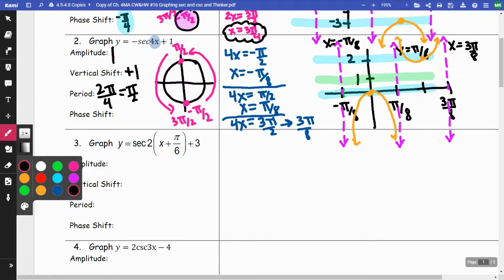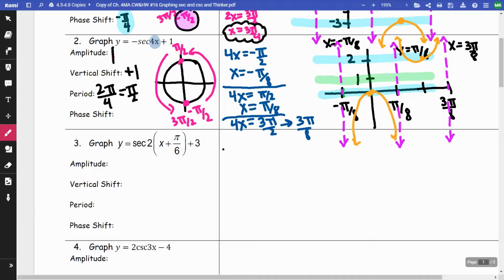So when I'm dealing with this, I'm going to take 2 times the quantity x plus pi 6 and set it equal to a negative pi halves, because that's where I'm normally. So I'm going to have x plus pi 6 is equal to a negative pi fourths. I'm going to minus pi 6 from both sides.